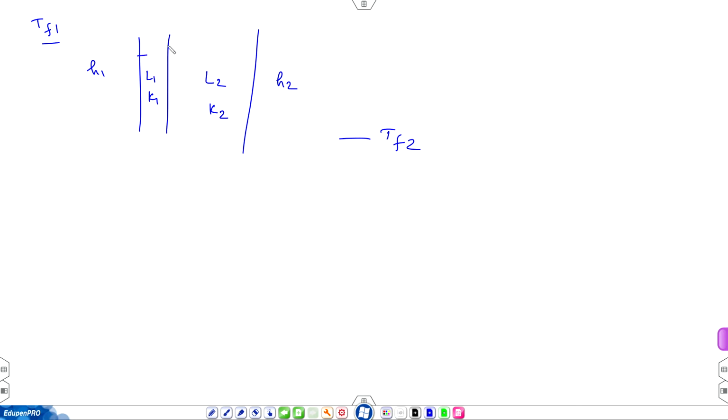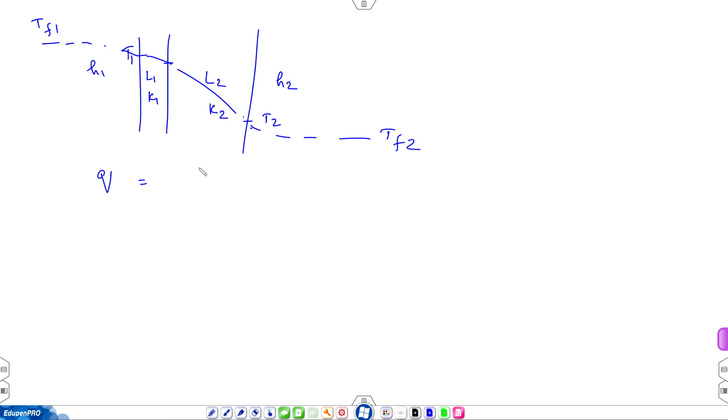So, this T1 will be somewhere here, and there will be an interface temperature. This is T2, which is slightly higher than Tf2. So, you will have it like this, but linear variation inside the solid medium. Okay, so now, how much is the heat flux through this composite assembly?